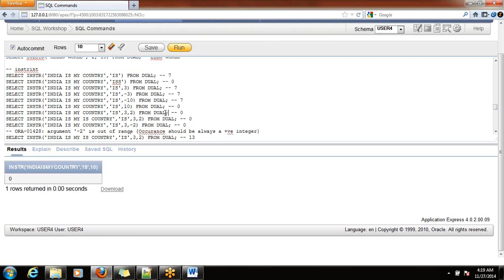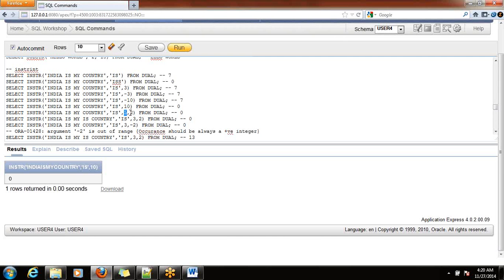Now observe carefully. India is my country, the actual string. IS is the search string. From the third argument, we say that from that position you start searching.